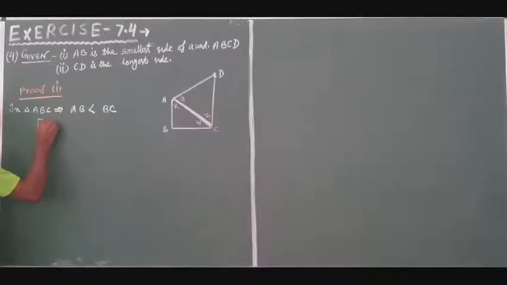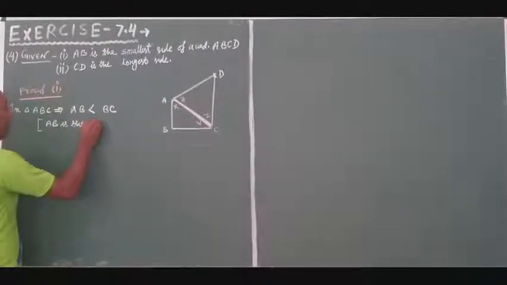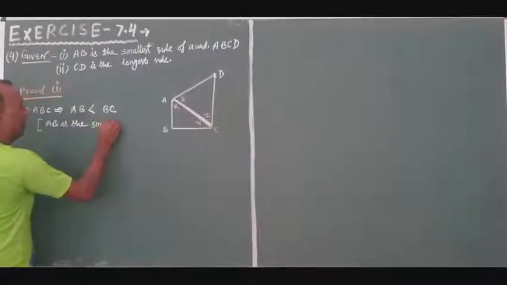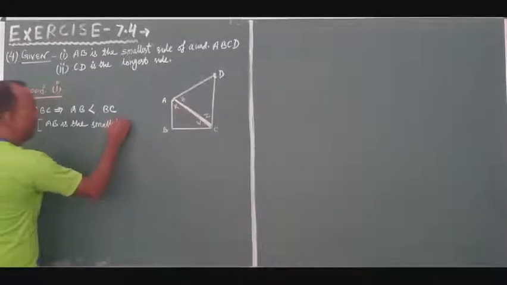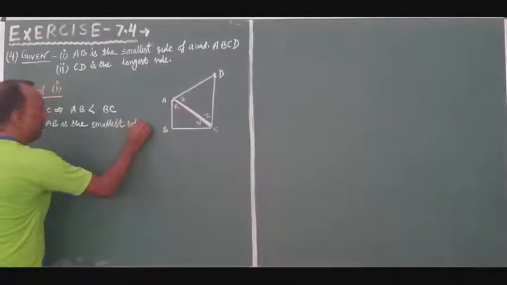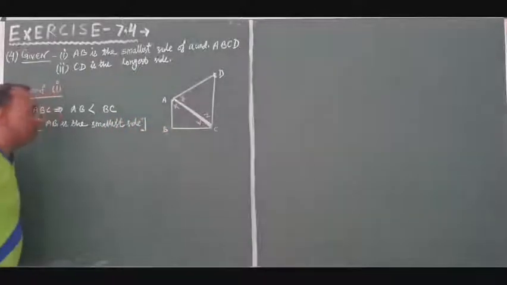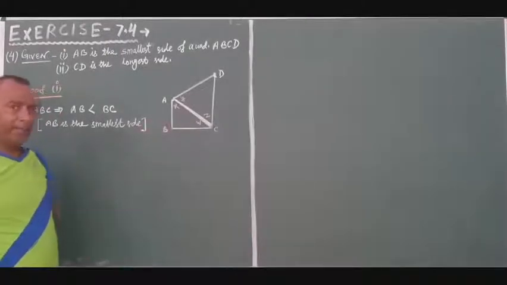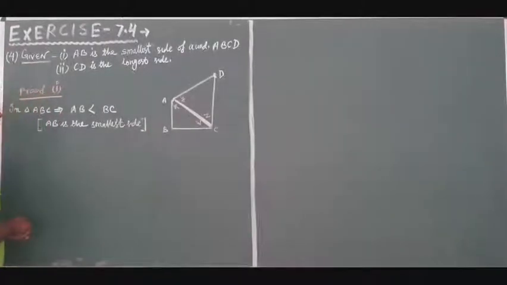And if AB is less than BC, therefore, what will happen?